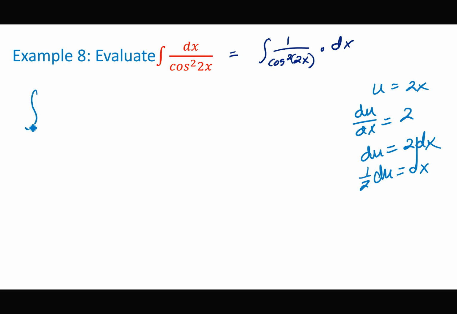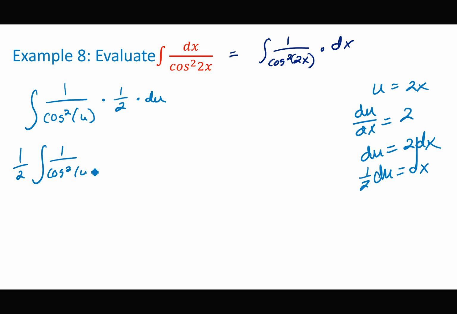So my integral becomes 1 over cosine squared of u times 1/2 du. We can bring that 1/2 up front: 1/2 times the integral of 1 over cosine squared of u du.